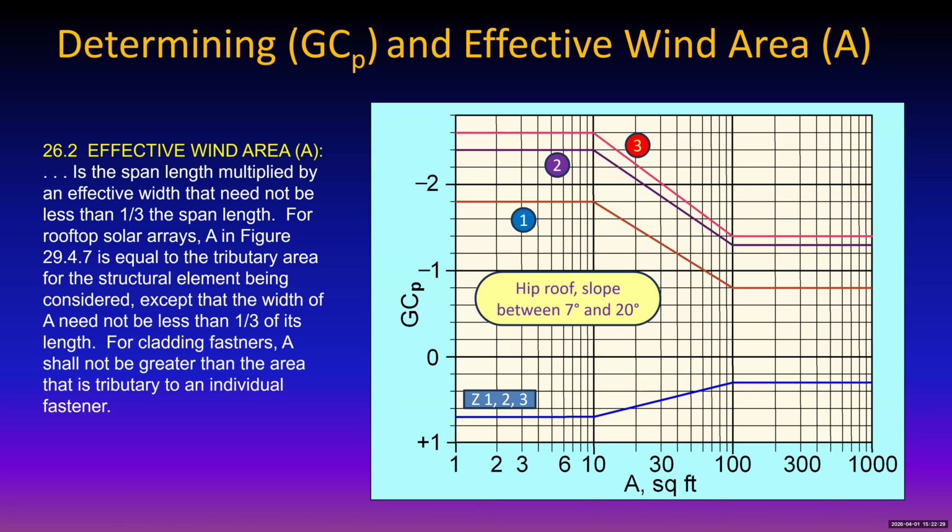Now, this is kind of critical because there's some modules where it depends on how you mount these things. As long as the rails under them are mounted parallel to the short sides of the modules, then these numbers are almost always okay. On the other hand, if you mount these rails along the long side of the modules, like maybe on that first layout, if we wanted to lay them in landscape instead of in portrait, then the modules in landscape have a lower rating, so you need to be careful about that.